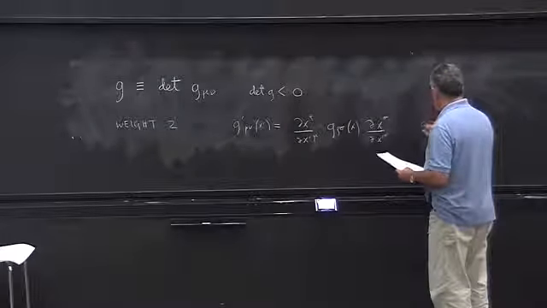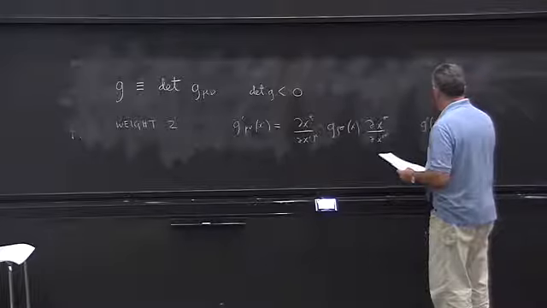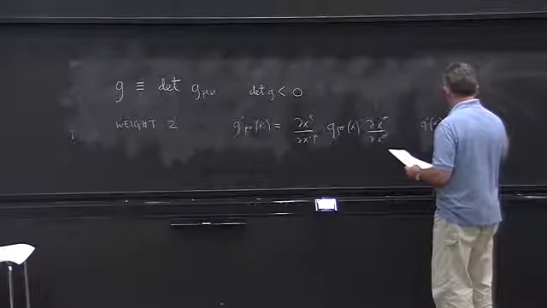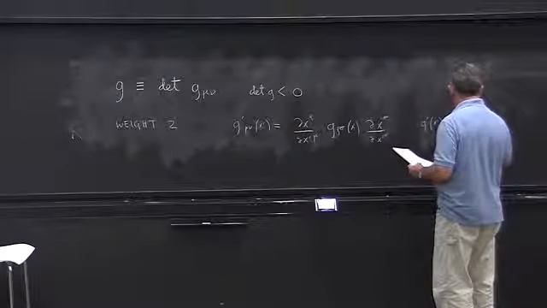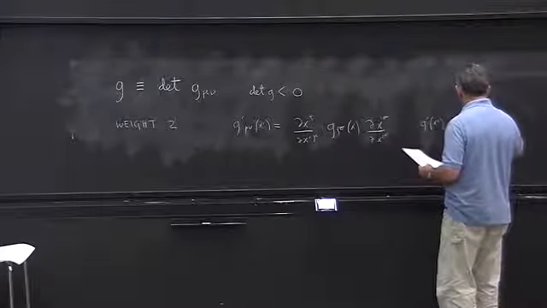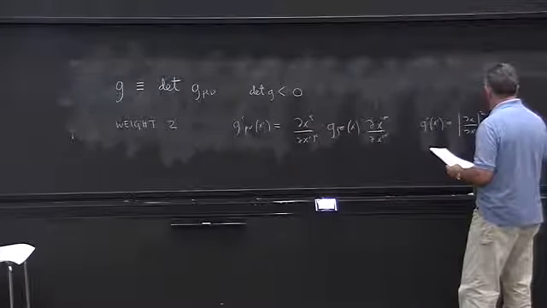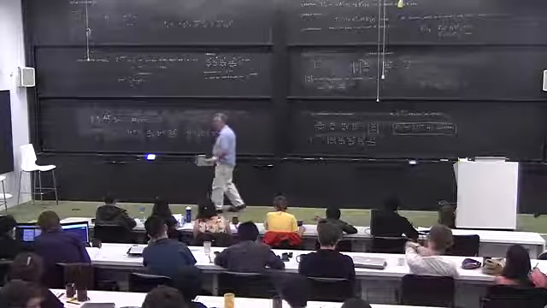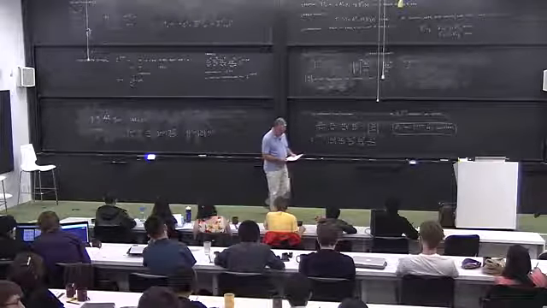So that says that g prime of x prime is the determinant of dx by dx prime squared times g of x. So that explains why the density has weight 2.